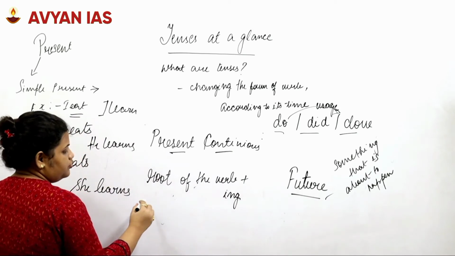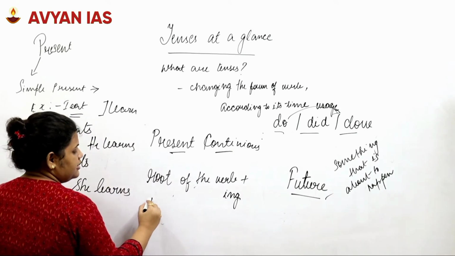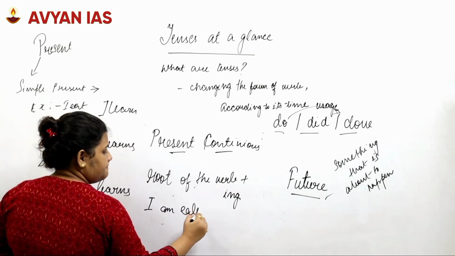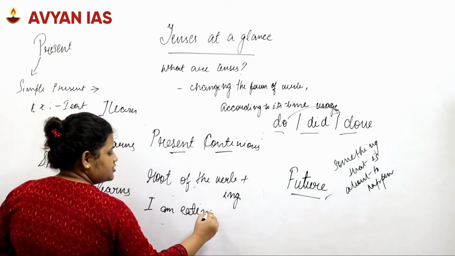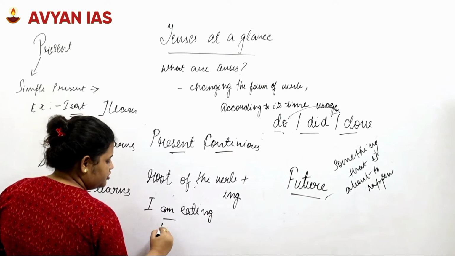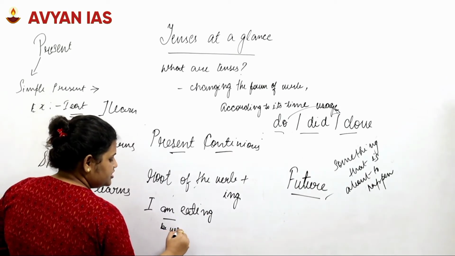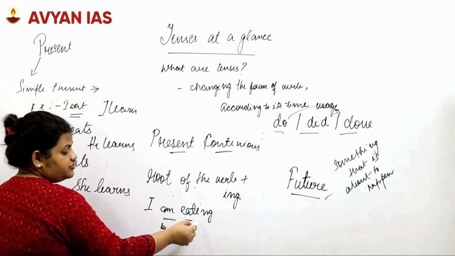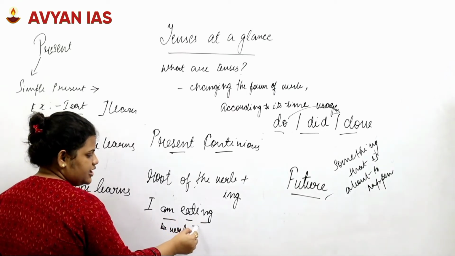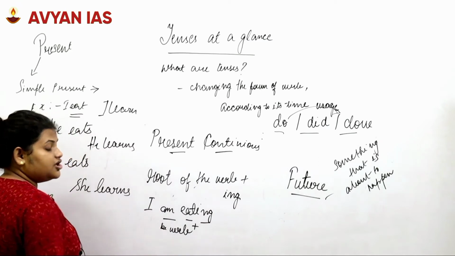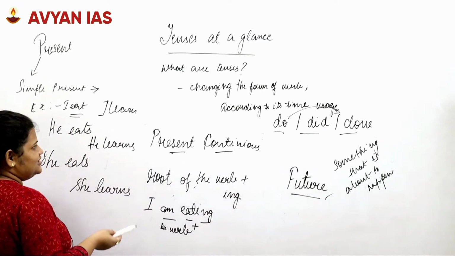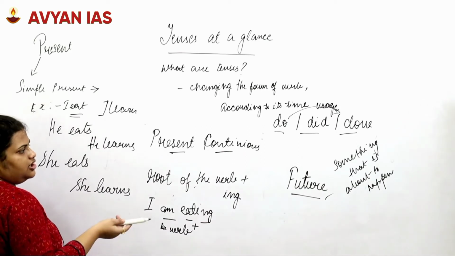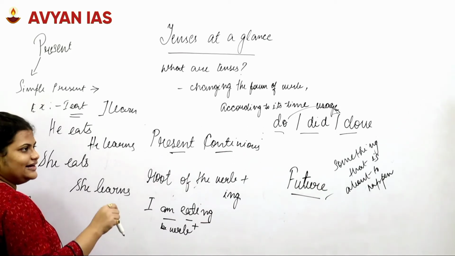So we will say, I am eating. Right? This am is the be verb that is used as an addition to the root verb and the ing. So I am eating. What do we mean by this? It is an action which is continuing in the present, right? You are eating right now.